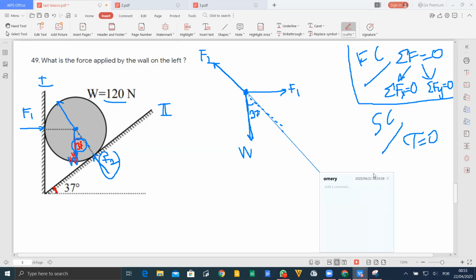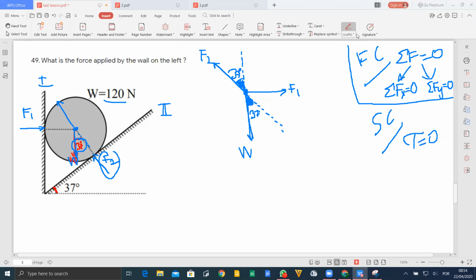So if we extend the line of the weight from here, and from the geometric skills, we know that this angle is 37, and also this angle is 37, because we need that angle.